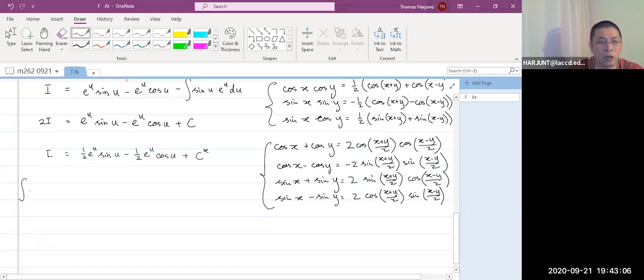So the integral of sine of ln x dx is equal to 1/2 x sine ln x minus 1/2 x cosine ln x plus a constant.